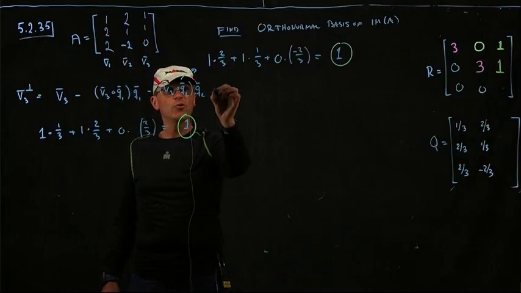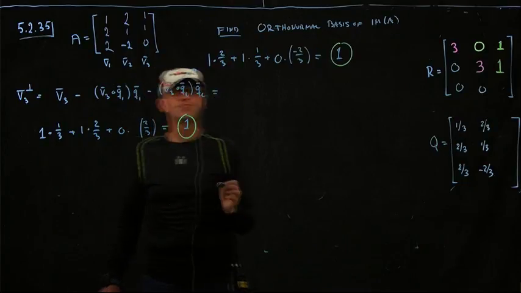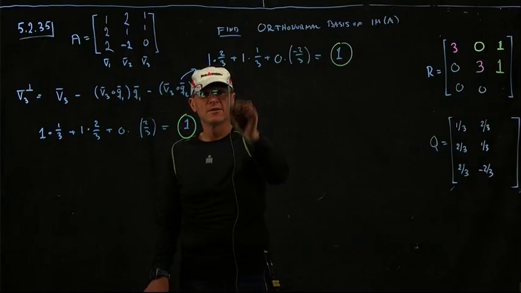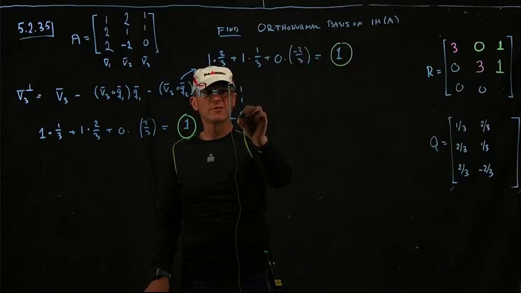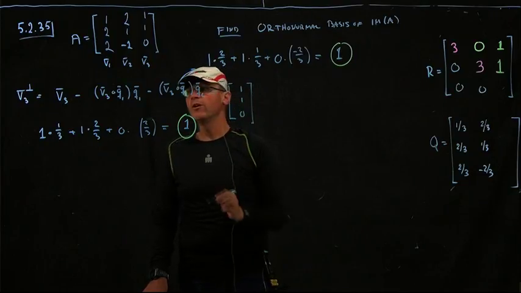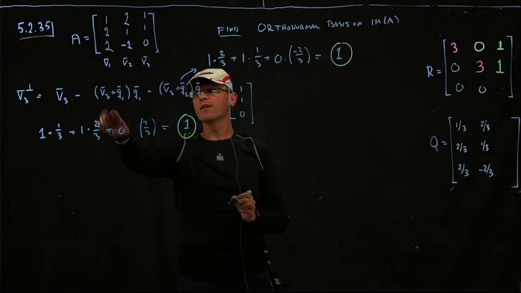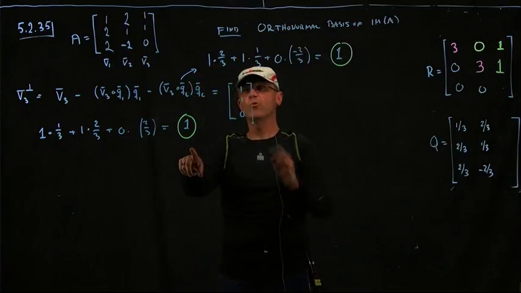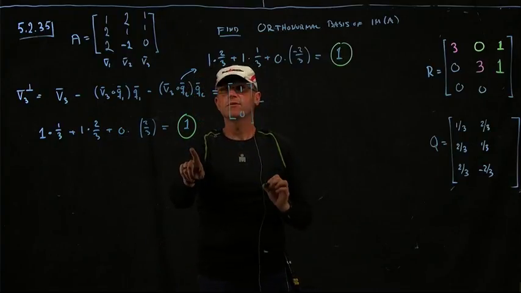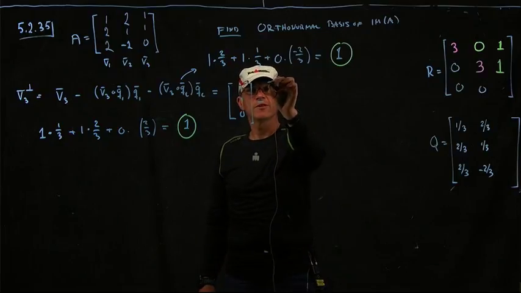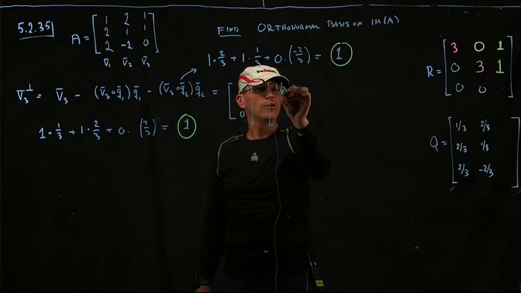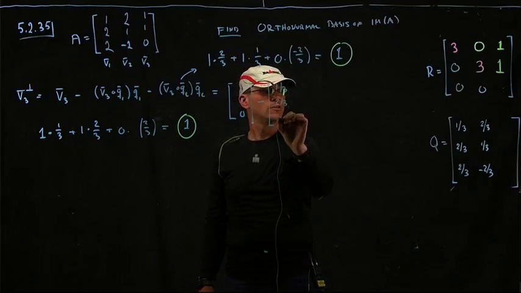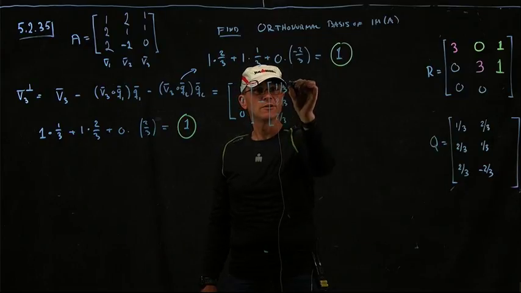So let's compute what we get. We have our original vector 1, 1, 0. We are subtracting the dot product, which was 1, times Q1, so that is 1/3, 2/3, 2/3.